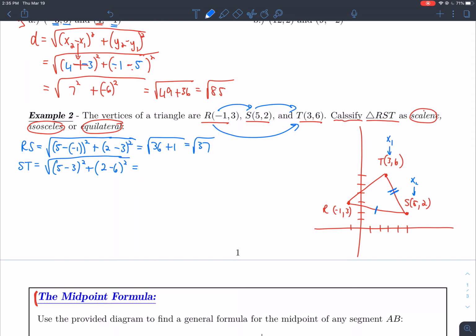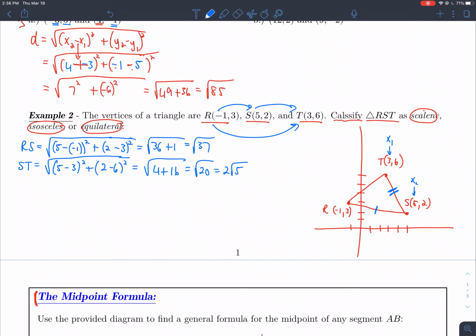Okay, and that gives me, if you do that, you get 4 plus 16, and that's root 20. And you can simplify this using radical form, that's 2 root 5. Okay, so we were correct with our annotation here. This is not the same length. Root 37 and 2 root 5 not the same thing.